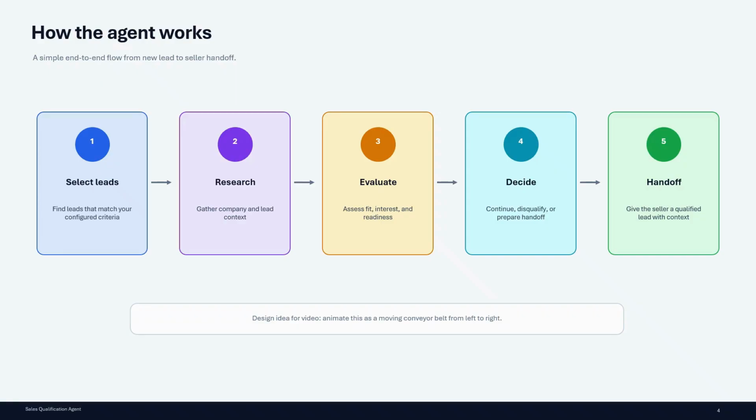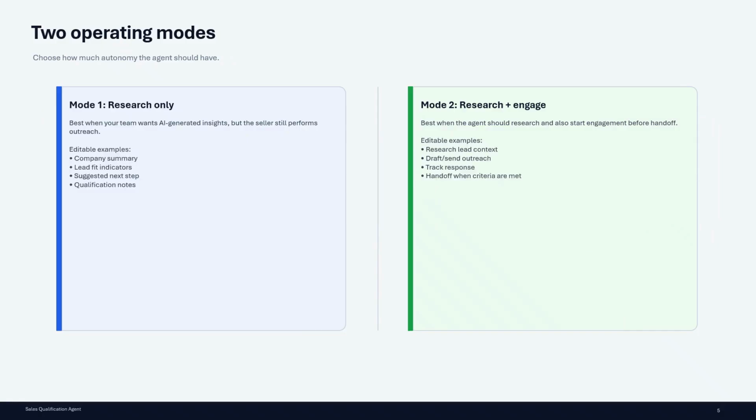Fourth, it decides whether the lead should continue processing, be disqualified, or be prepared for the seller handoff. Finally, if the lead is good enough, it is handed over to the seller with context. So the seller does not start from zero. All right, the next slide is about the two operating modes this agent has.